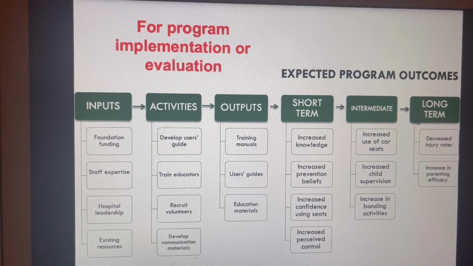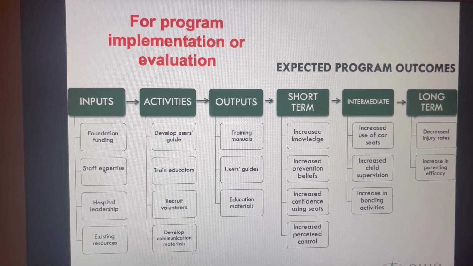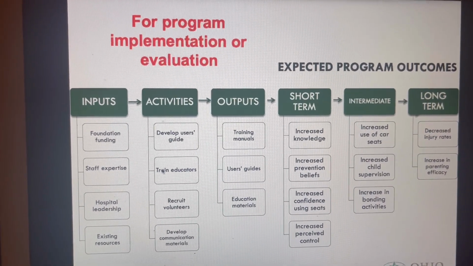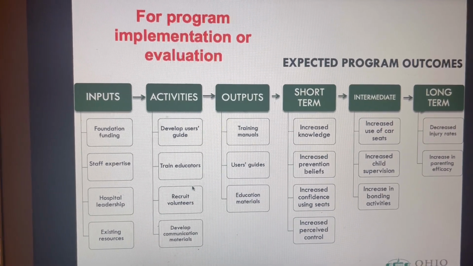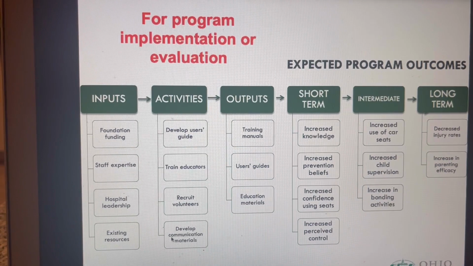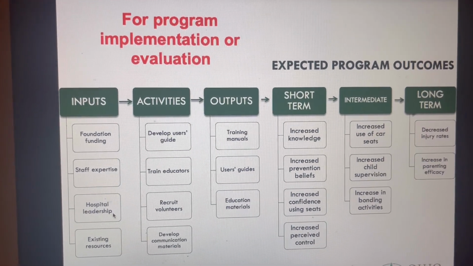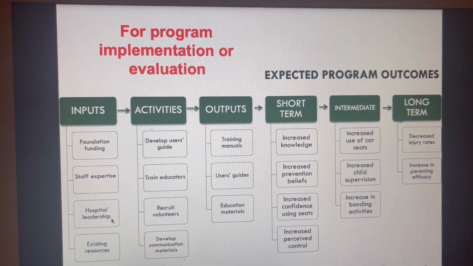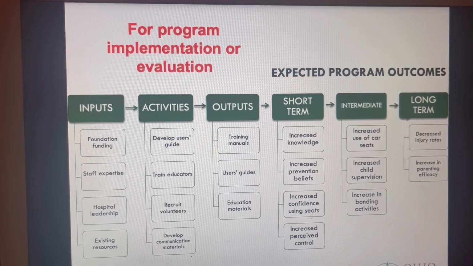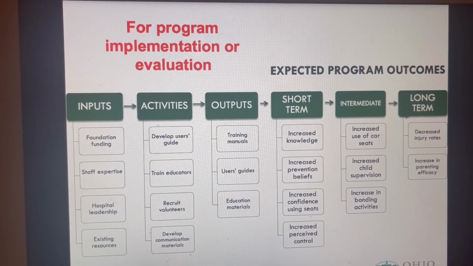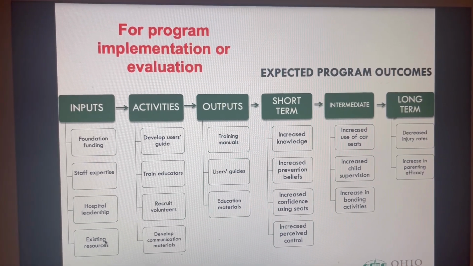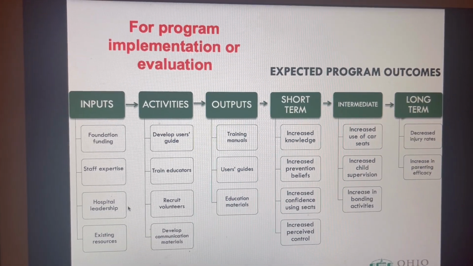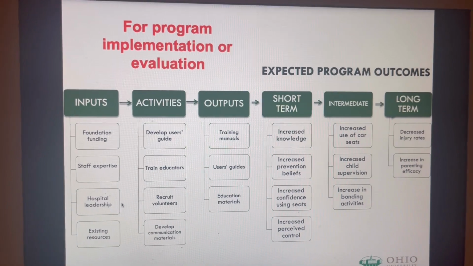Then you look for foundations that can fund you, then staff expertise that can take those trainings, train educators, and develop communication materials. Then we look for hospital leadership, and also existing resources. So this is the input, and this is how you create your logic model.